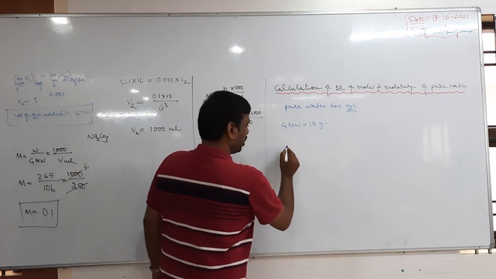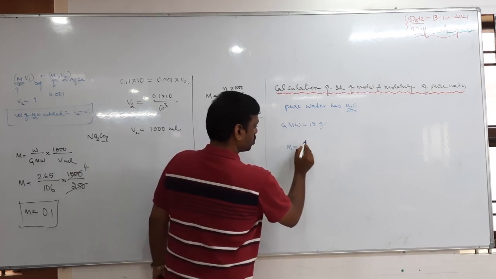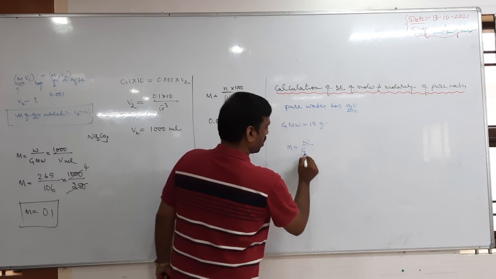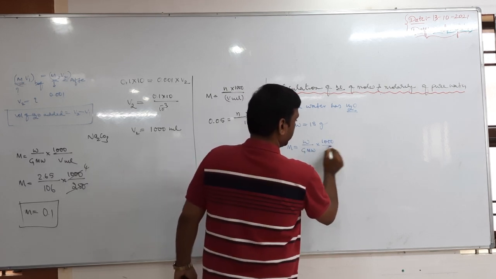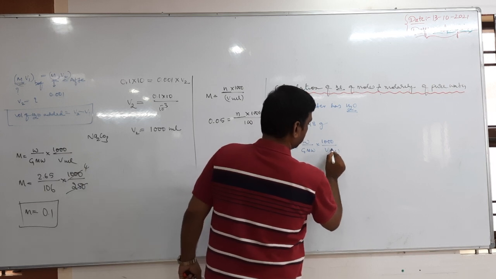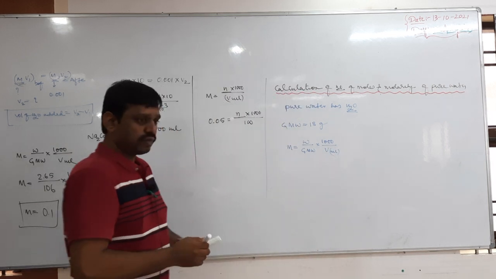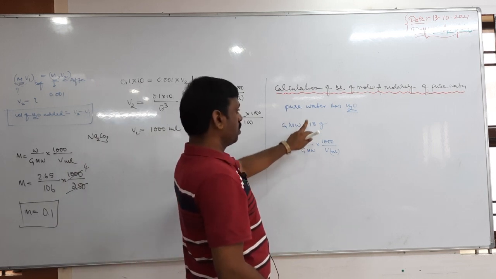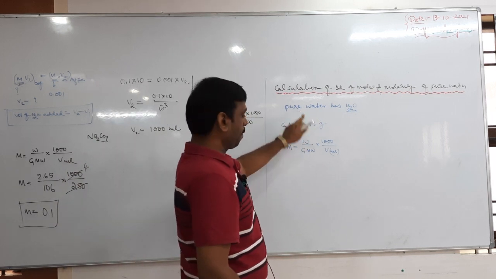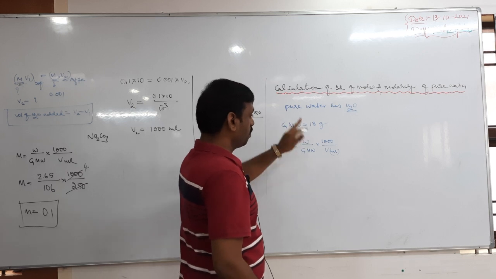So what is the molarity? Molarity is equal to weight by gram molecular weight into 1000 divided by volume in milliliter. But here pure water contains H2O, its gram molecular weight is 18, but the weight is not given, no?